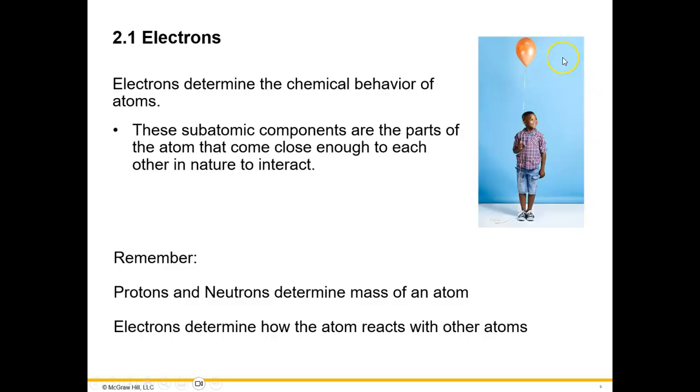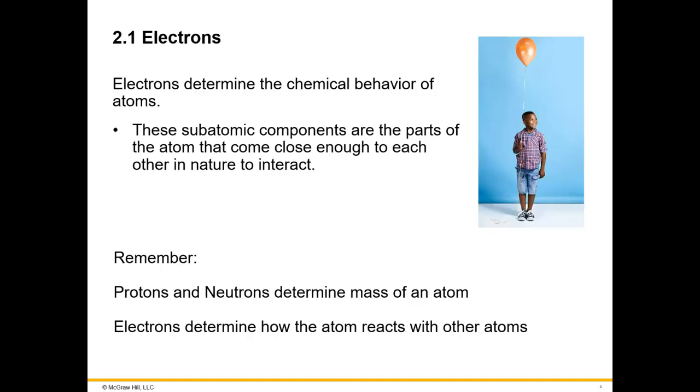Electrons are held out in orbit around the nucleus. So you could think of them being held out kind of like a balloon, like this distance away from this child. You could think of the protons and neutrons as the nucleus here in the center. Electrons are going to always be orbiting out here a fair distance away from the nucleus. We do need to remember that protons and neutrons are what determine the mass of an atom and therefore the mass number.